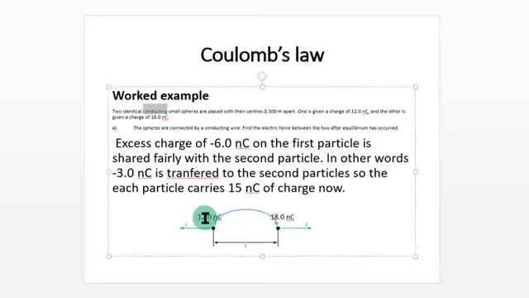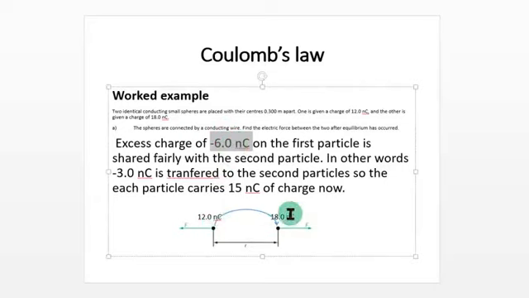If we subtract 12 nanocoulomb from 18 nanocoulombs, we are going to get an excess of negative 6 nanocoulomb. That's the number of electrons in excess here, not in excess per se, but there are 6 nanocoulomb of electrons here more than there is in the other one here.